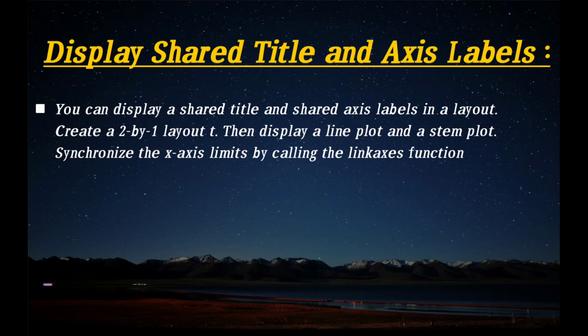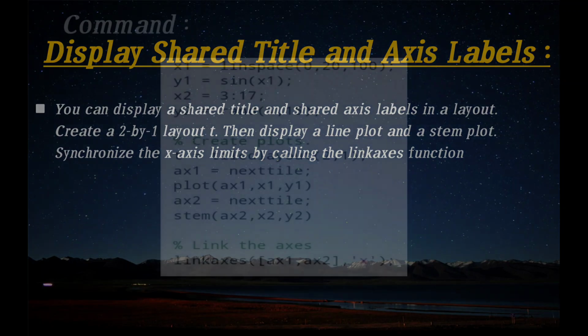Display shared title and axis label. You can display a shared title and shared axis labels in a layout. Create a 2-by-1 layout t, then display a line plot and a stem plot. Synchronize the x-axis limits by calling the linkaxes function.